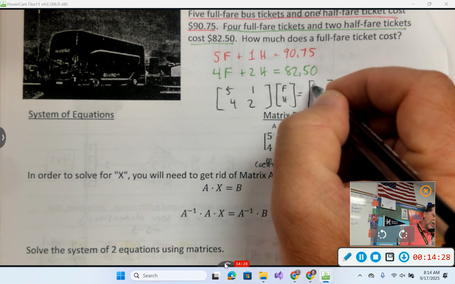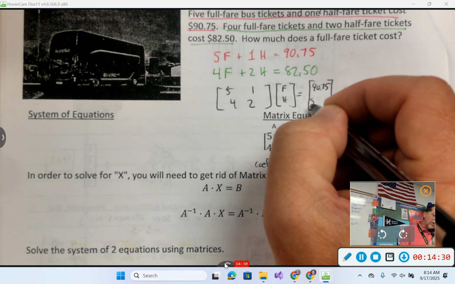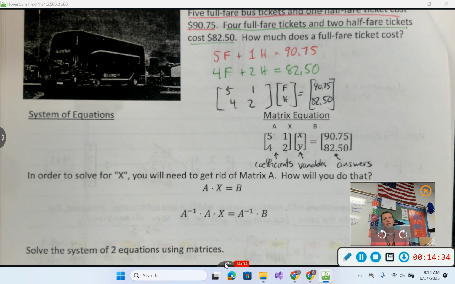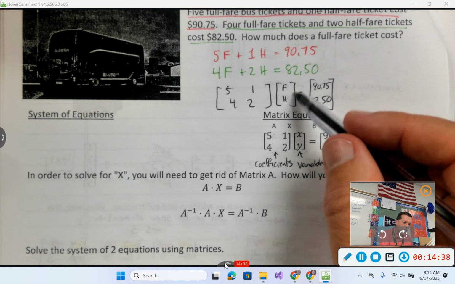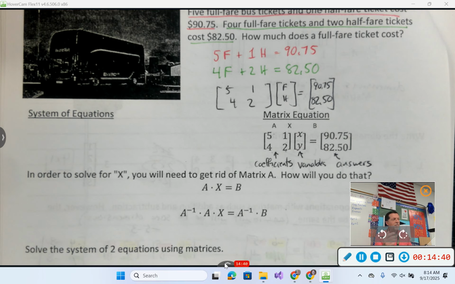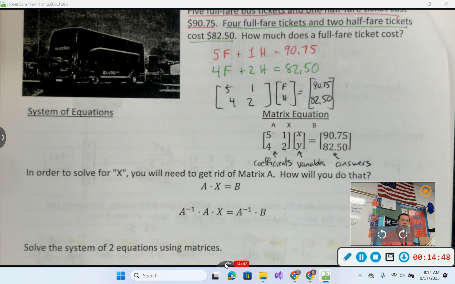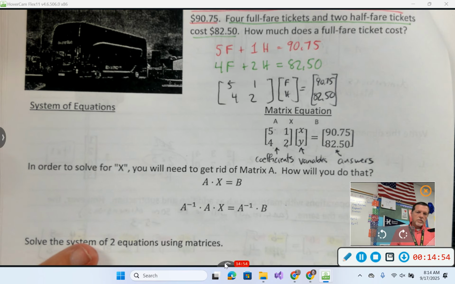It looks very similar to the system that you wrote. Just pick off the coefficients to make the square matrix, and then use your variables, and then the answers. Does it matter which ones are on top? It would not matter. If you had written these in a different order, your matrices would look different, but you'd still get the same answer.